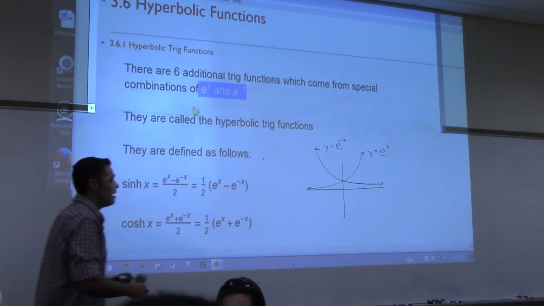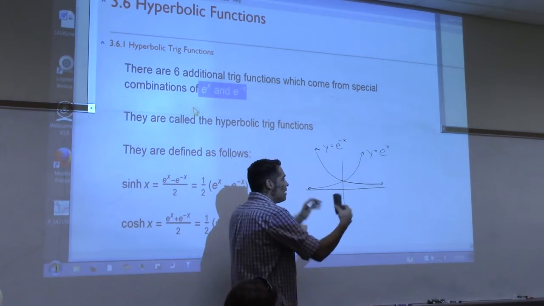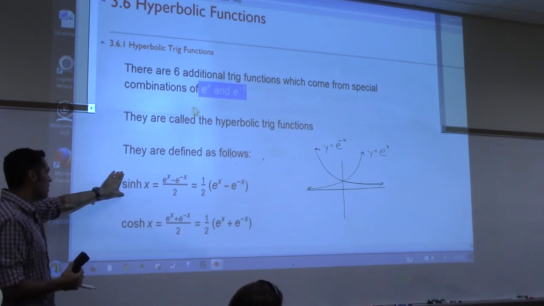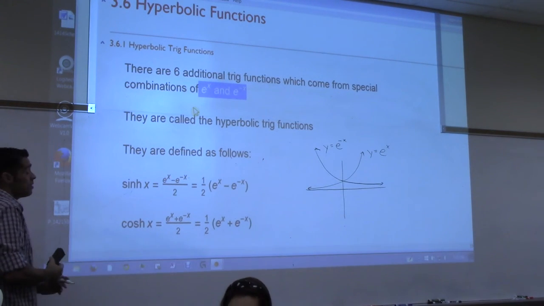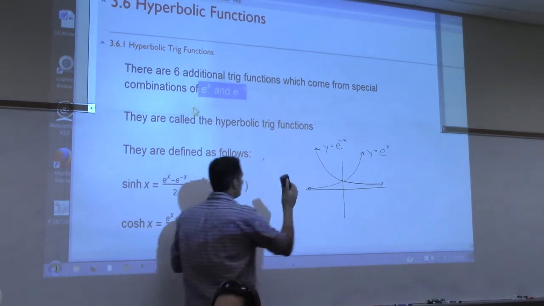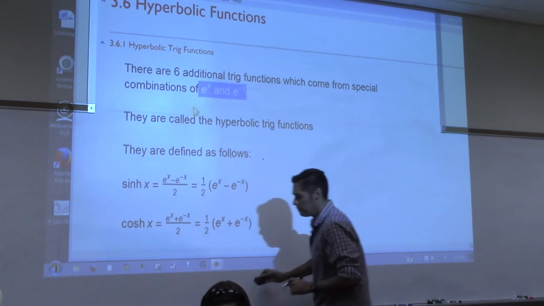These are like the two parent functions, and depending on how you put them together will determine what is called the hyperbolic sine function or hyperbolic cosine function or hyperbolic tangent, and so on and so forth. But they're all combinations of just those two functions. All right, so that's where this all comes from.